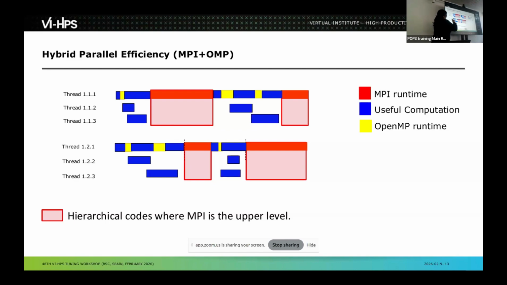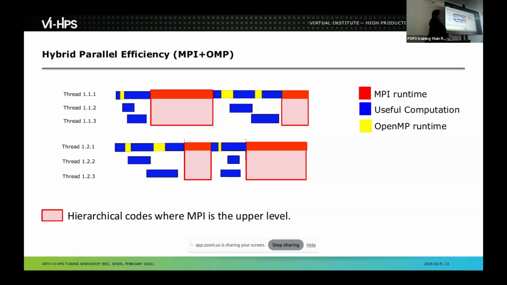So what is our idea? Usually we work with hierarchical codes where MPI is the upper level. This is our basis. If we don't have this kind of code, our model is not applied. We consider that the worker threads are not doing nothing when the master thread is doing MPI.